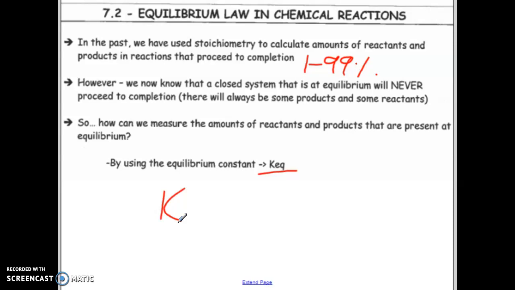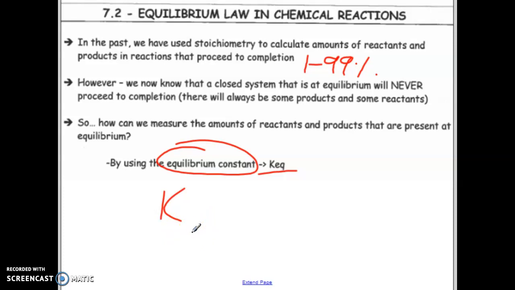So K is always the same. What I mean by that is it's always an equilibrium constant, okay? Now, they can have the little subscript be different depending on what type of equilibrium we are looking at.